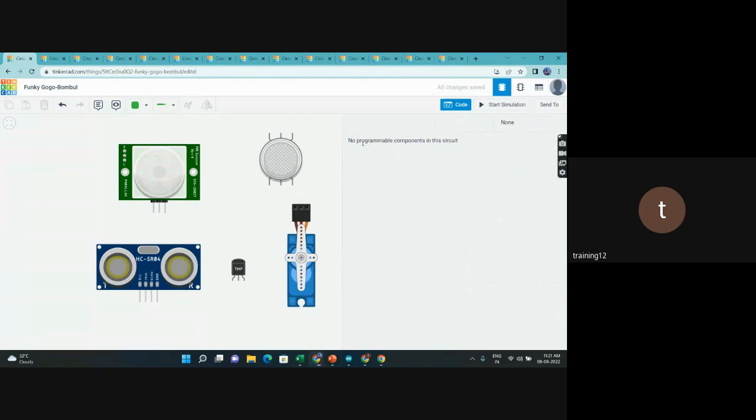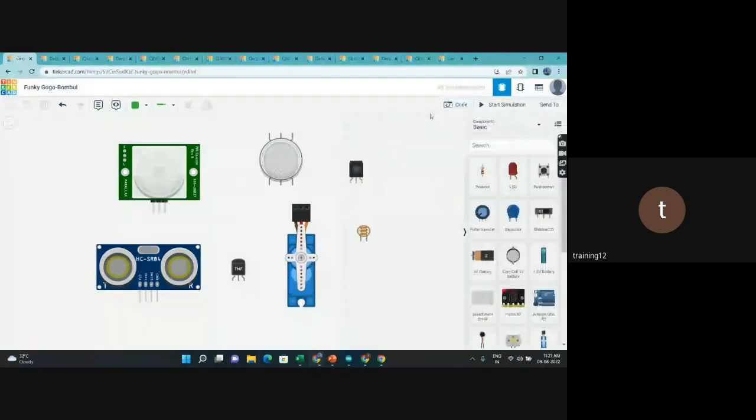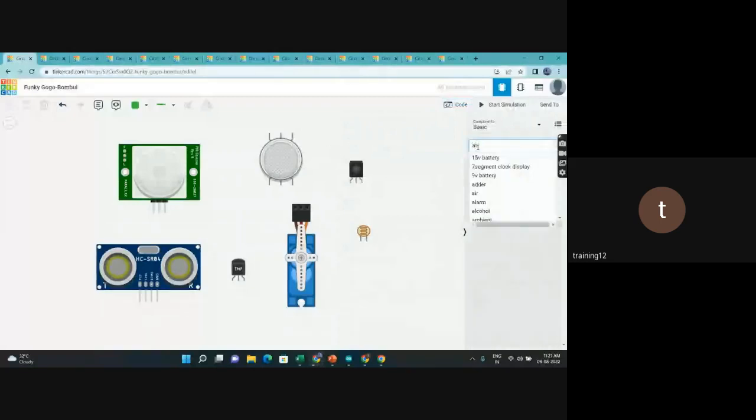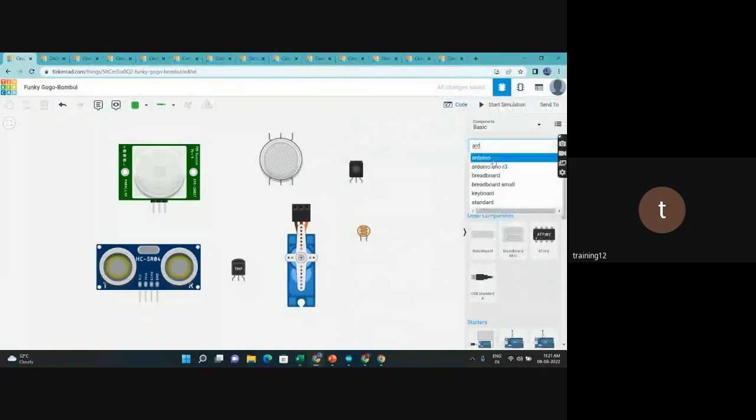Here you have to write the code, following the format of the code I have discussed. I also want to show you the Arduino Uno. So this is the Arduino Uno.